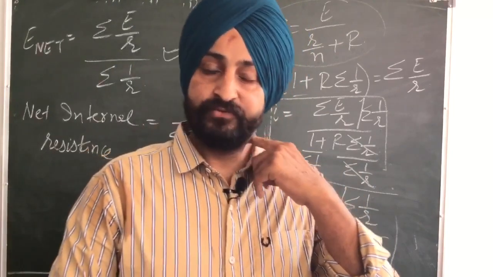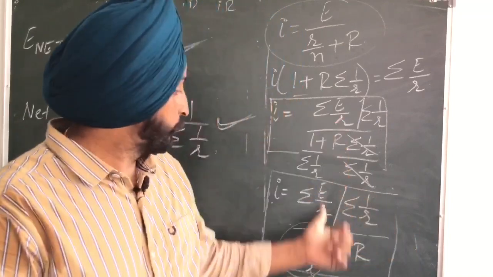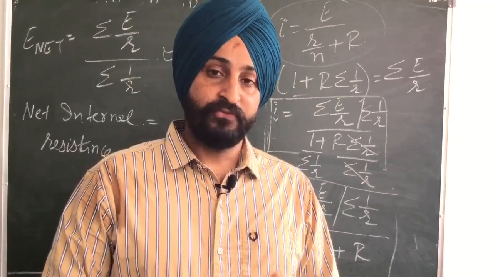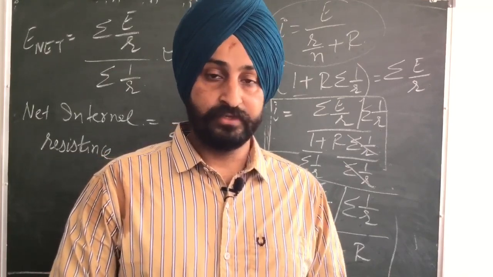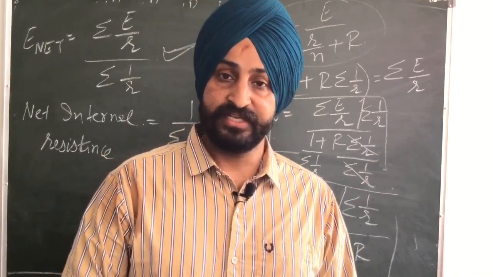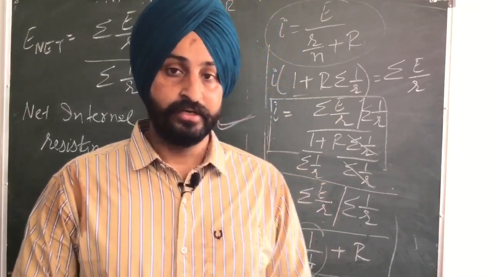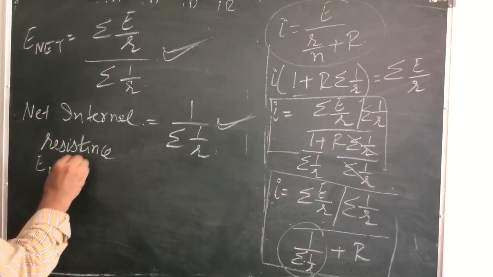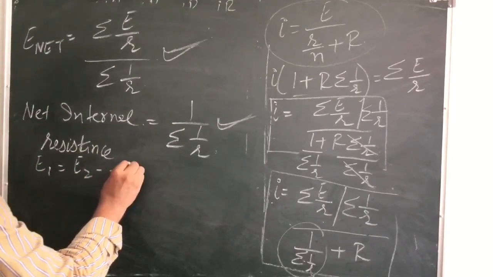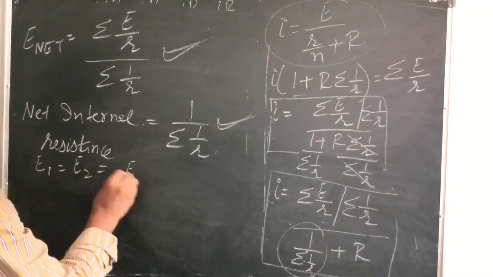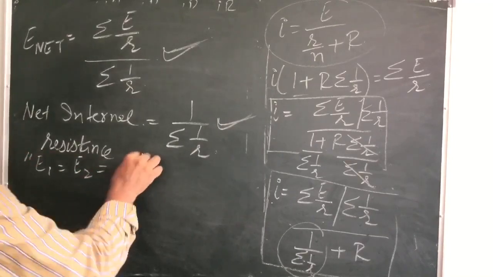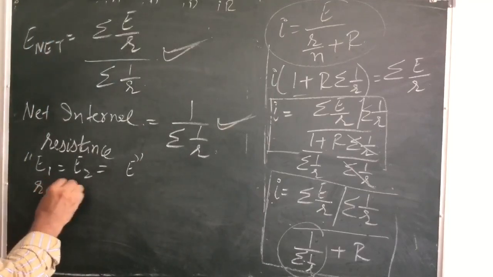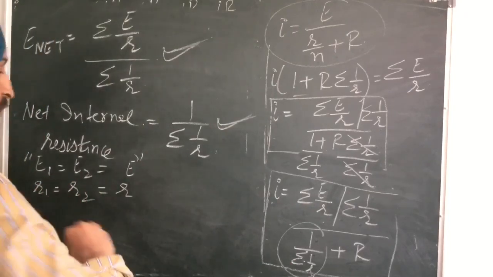So to check whether your equation for current is correct or not, let us suppose that the EMF of each battery is made equal to E and internal resistance is again made equal to R. So let E1, E2 and so on be equal to E. That means you have made EMFs equal and internal resistances are also equal.